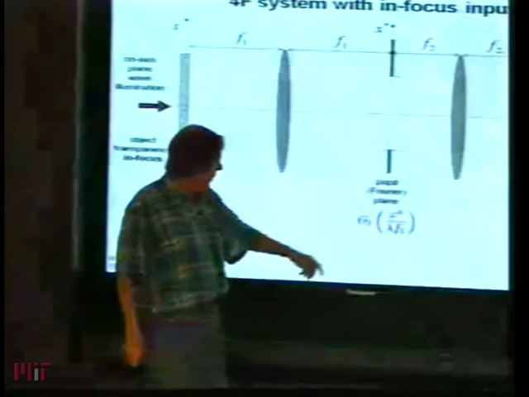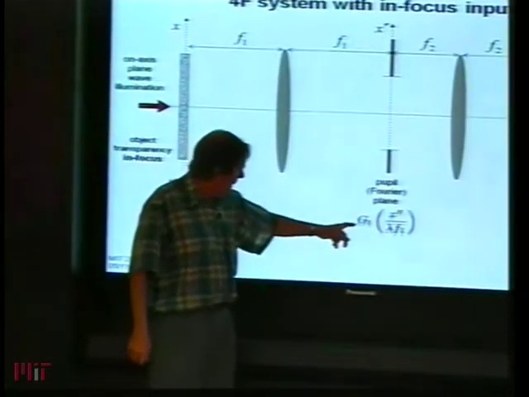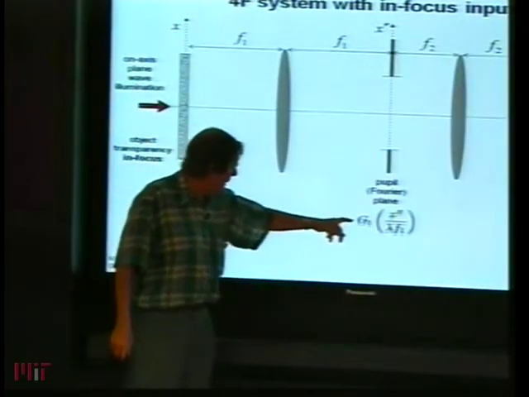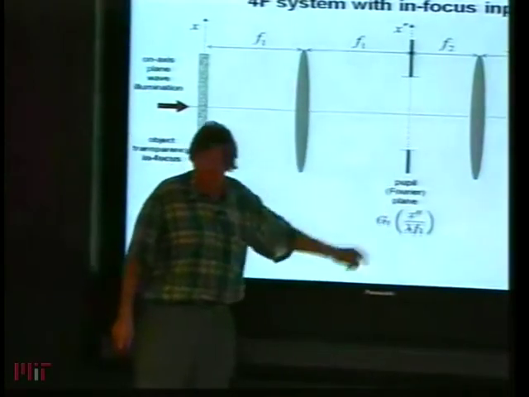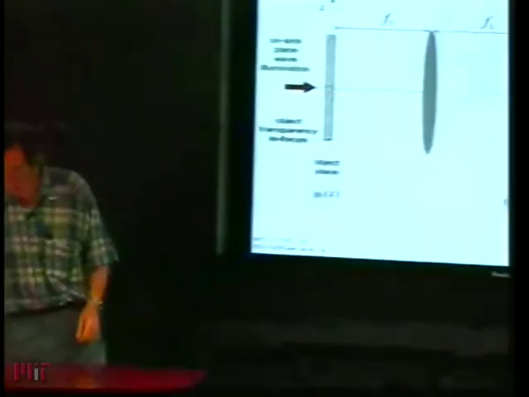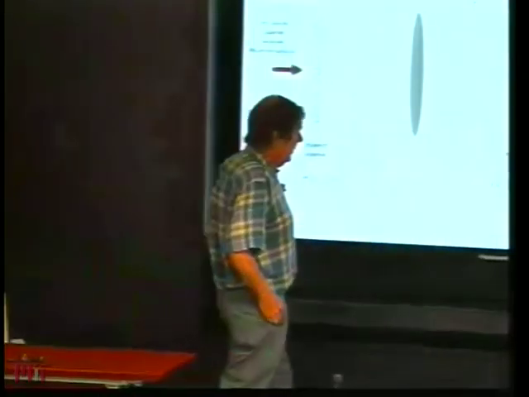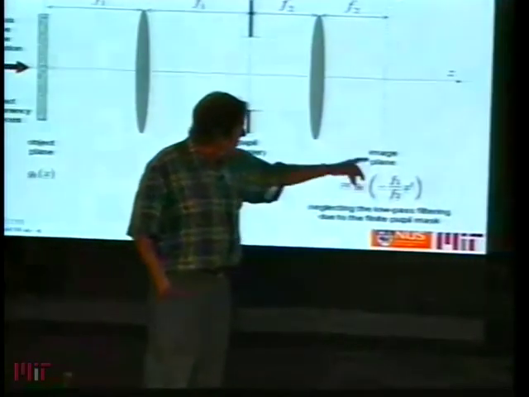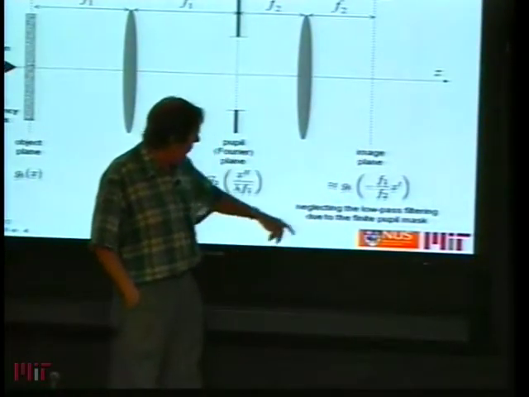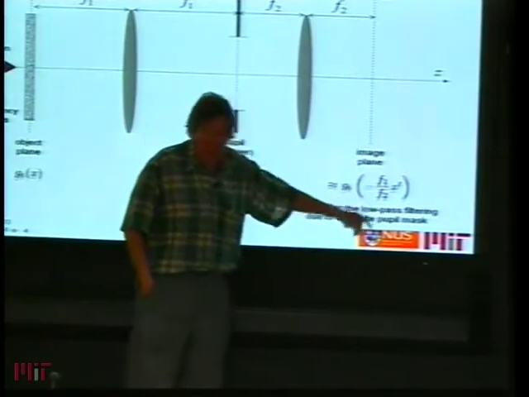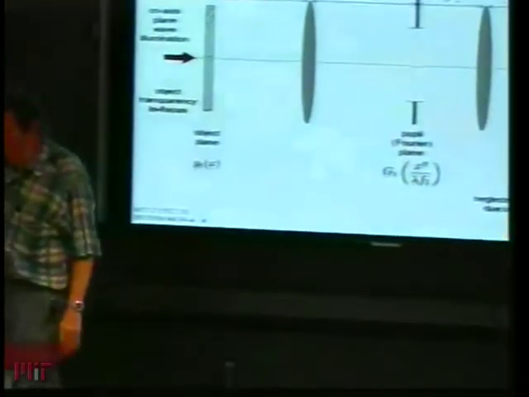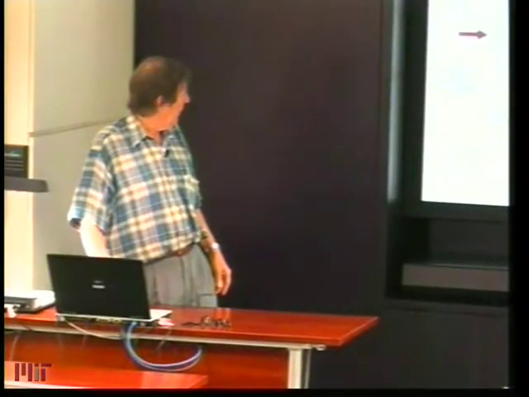This is the angular spectrum, the spectrum of the object in this plane, which is then filtered by the aperture stop. That gives some sort of amplitude in this plane, which is going to be inverted and also magnified or otherwise according to the ratio of f1 over f2. And there are the rays going through it.